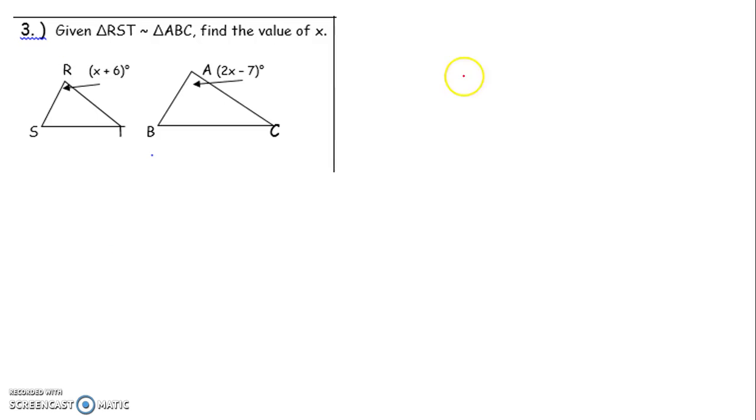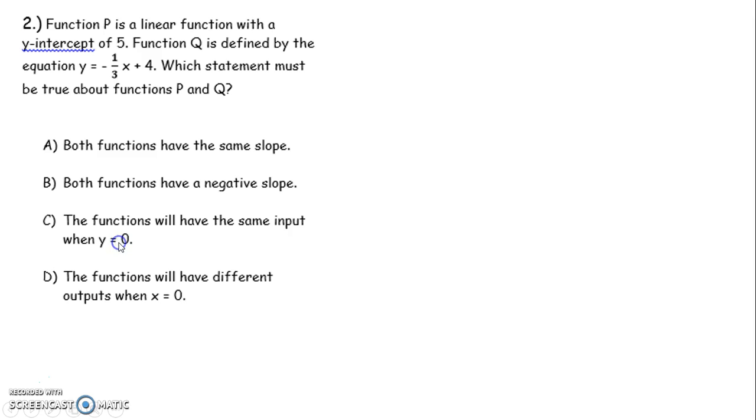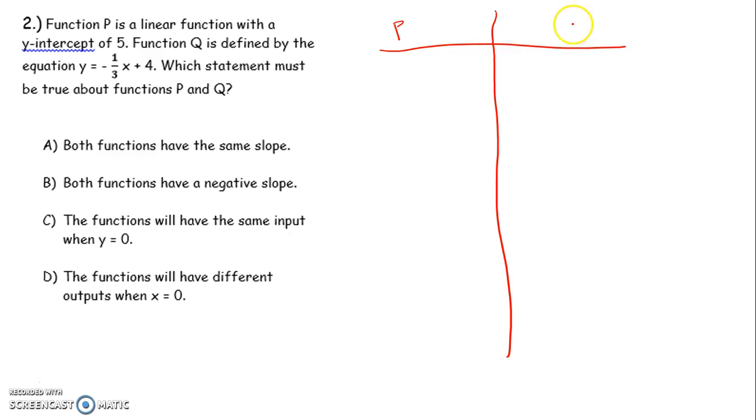All right, let's just go ahead and compare the functions. I am so sorry, Lindsay. So function P, we know some information about, and function Q, we know some information about. It looks like the only thing we know about function P is it is a linear function, so it will be a straight line.